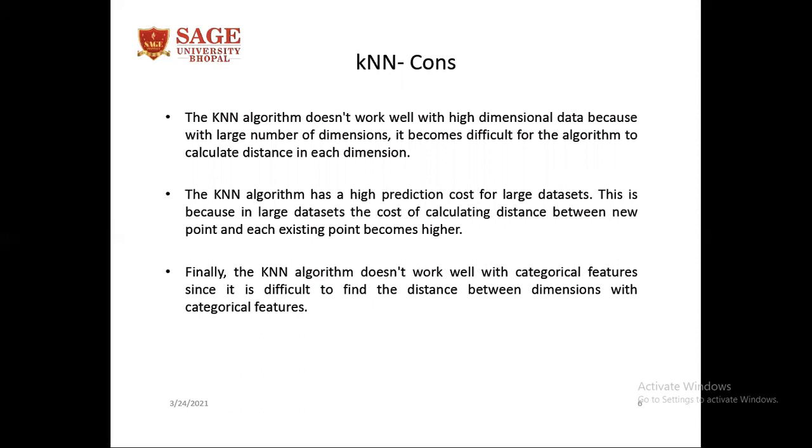This is because in a large data set, the cost of calculating distance between a new point and each existing point becomes higher. Finally, the KNN algorithm doesn't work well with categorical features since it is difficult to find the distance between dimensions with categorical features.